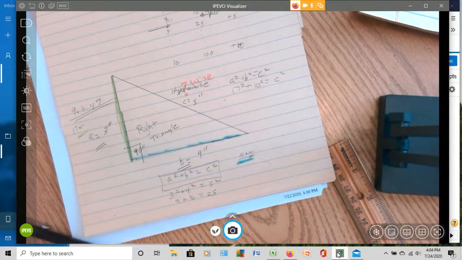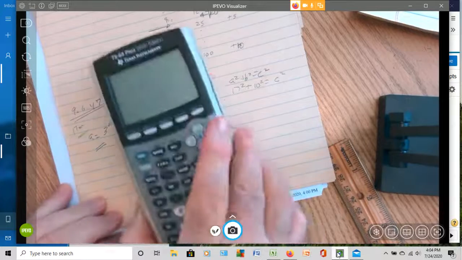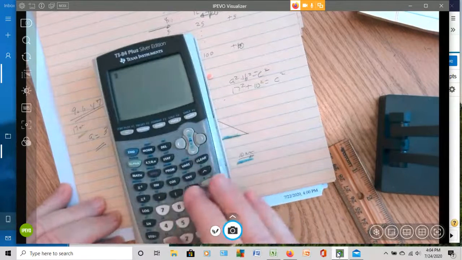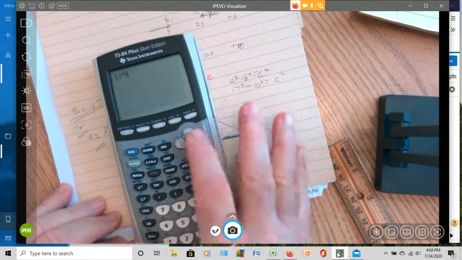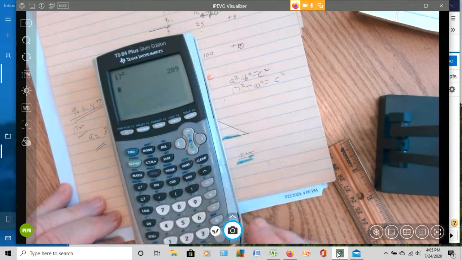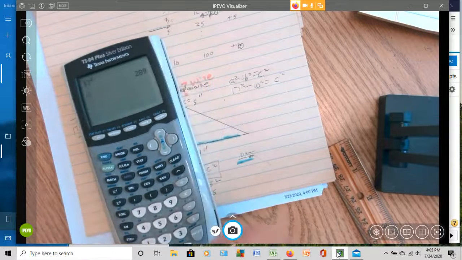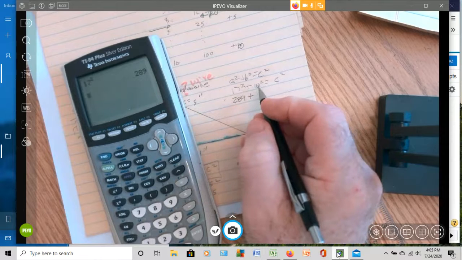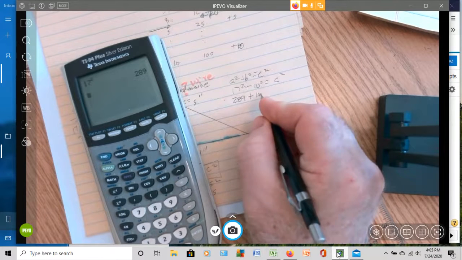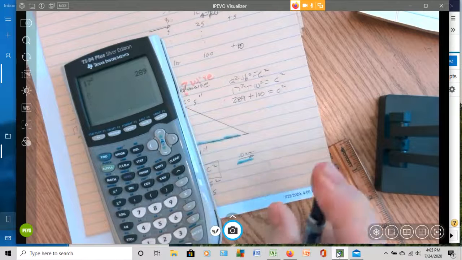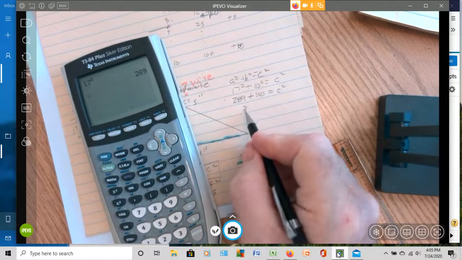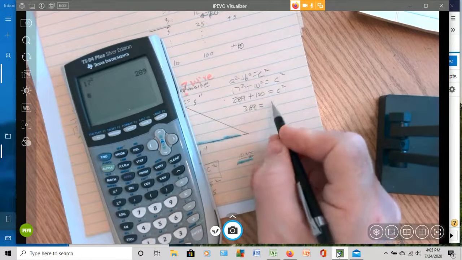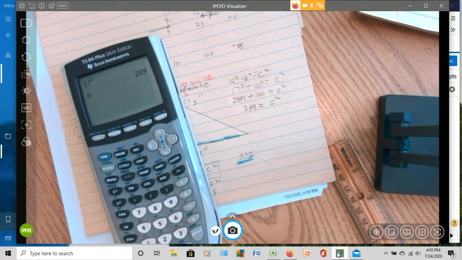All right, so thankfully we do have calculators, so let's use it. 17 squared is 289. And we can do 10 squared in our head, can't we? 10 times 10 is 100. And that's going to be equal to C squared. Add these together and we get that 389 is equal to C squared.